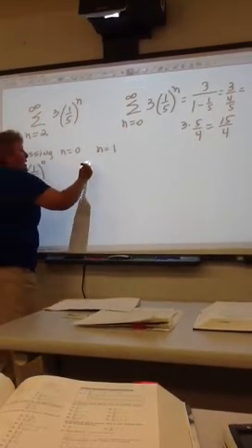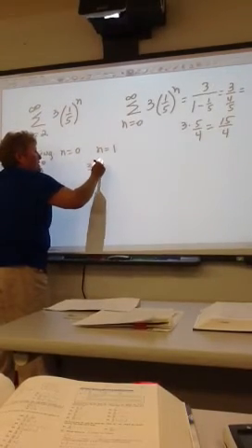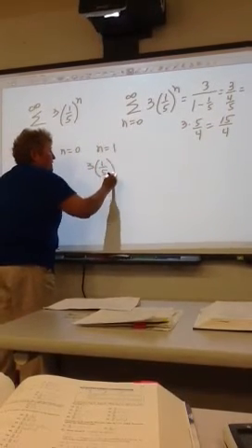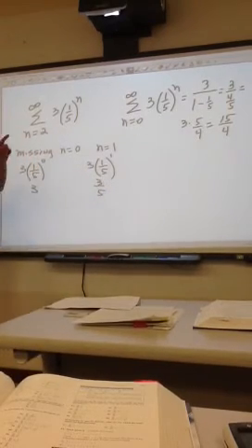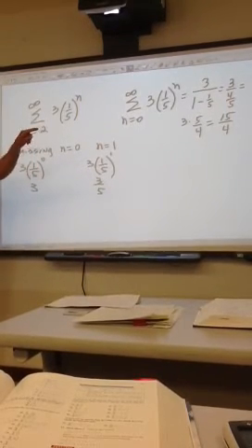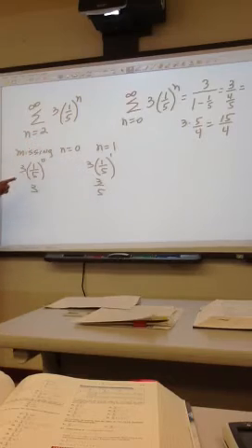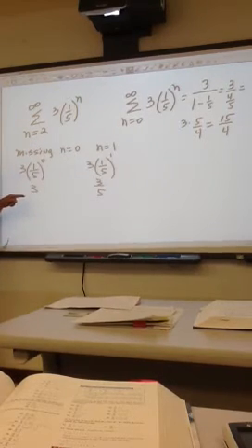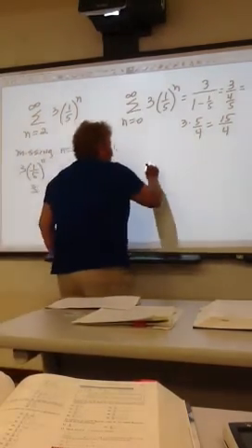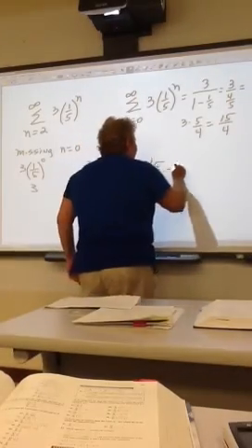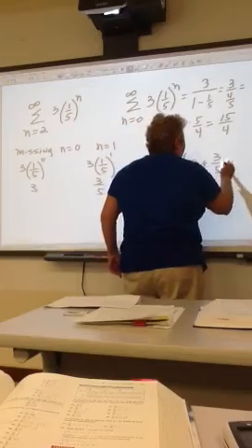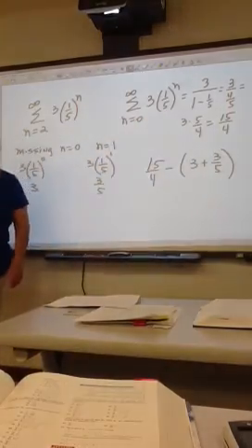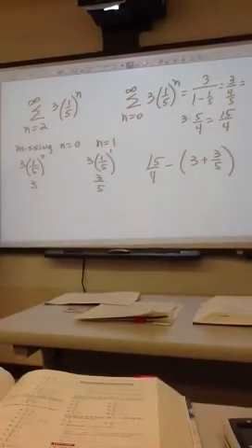And when n is 1, I'd have 3 times 1/5 to the first, so that's 3/5. So that answer is too big by this much. So I take that answer, 15/4, and I subtract out 3 plus 3/5, the pieces that were not included in my summation.